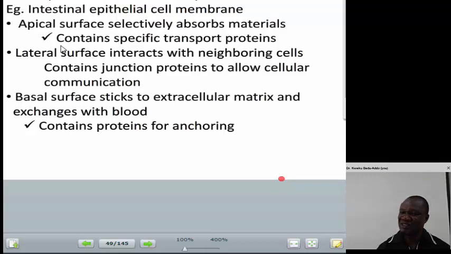We then looked at total body water. We said that a percentage of the human being, say 60% of the adult human being's body weight, is water.